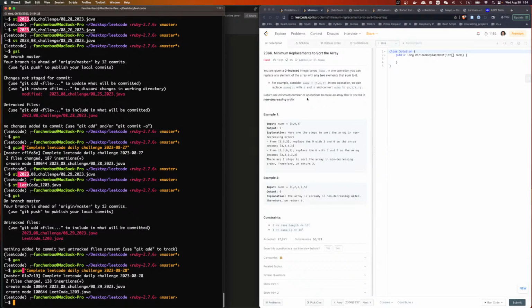Return the minimal number of operations to make an array that is sorted in non-decreasing order. So in one operation you can replace any element with any two elements that sum to it. So in here I can take this, I can take this, 2 steps. Holy crap.